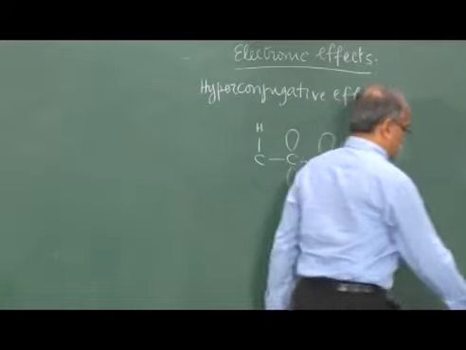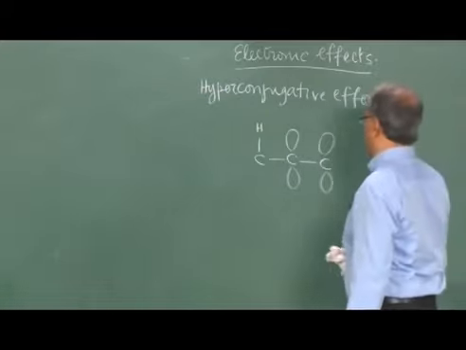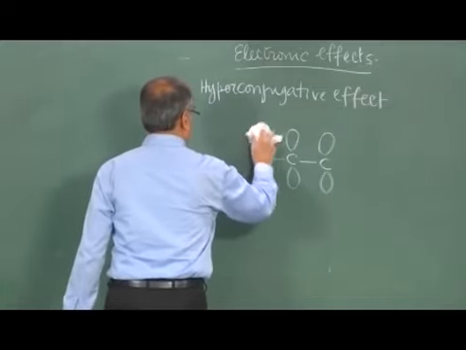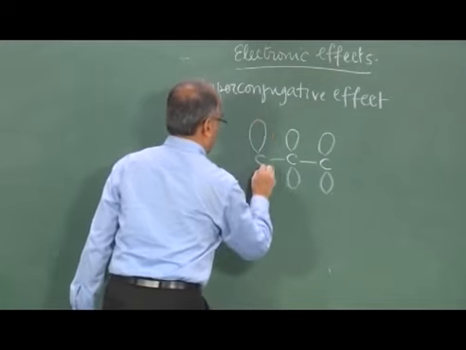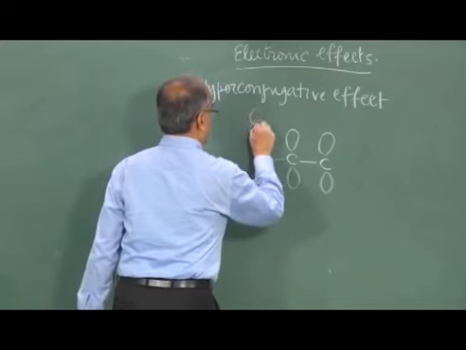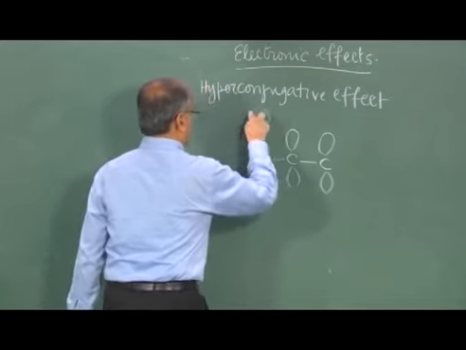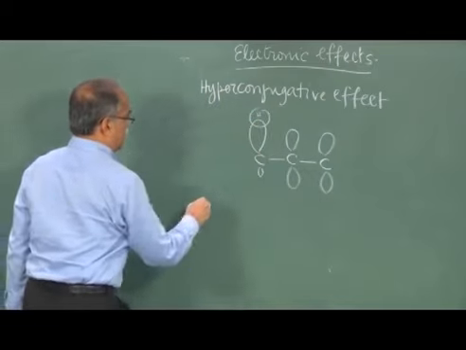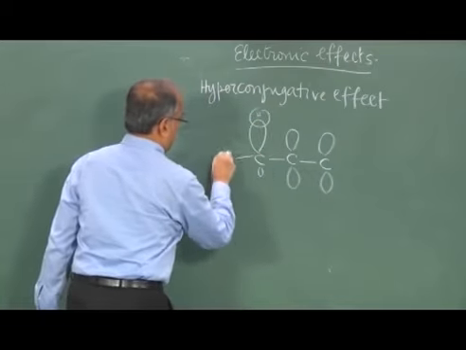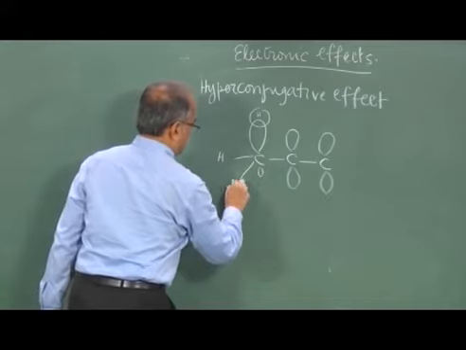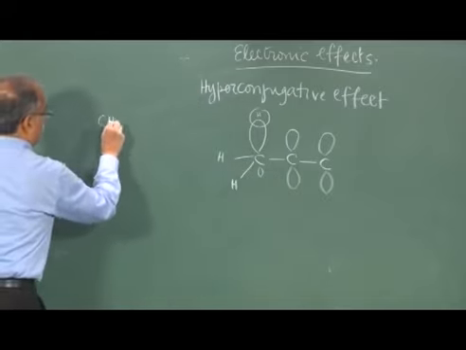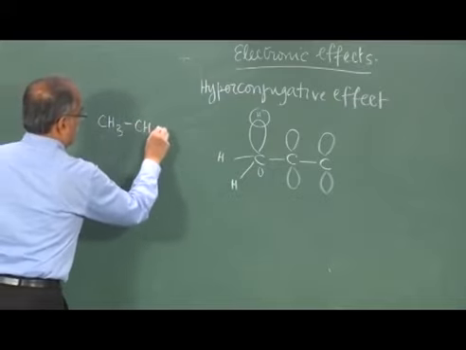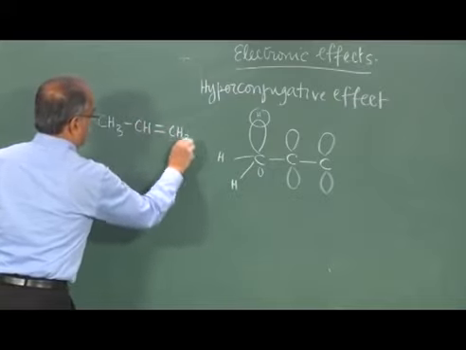If the carbon hydrogen bond and the pi bond are coplanar, then one can draw the sigma orbital of the CH like this, 1s electron overlapping with the, here this is an sp3 hybridized carbon. A methyl group is what we are representing. In other words, structurally this would correspond to CH3, CH double bond CH2.